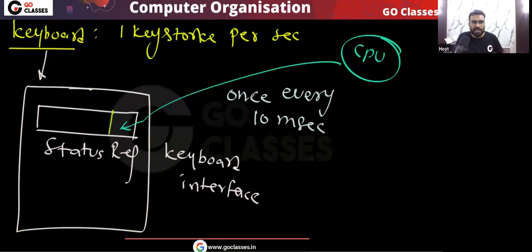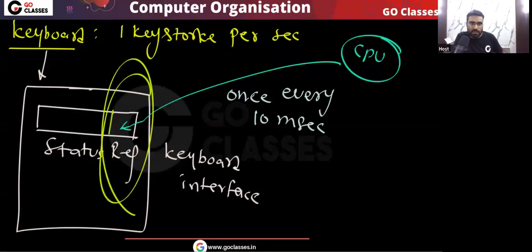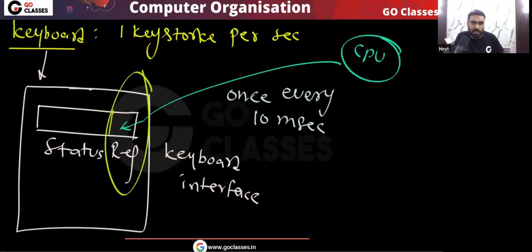I told you that once every 10 milliseconds the CPU will check this bit. Now let me tell you what will happen for checking this bit.